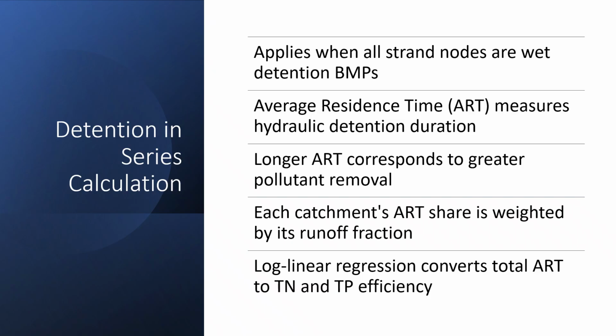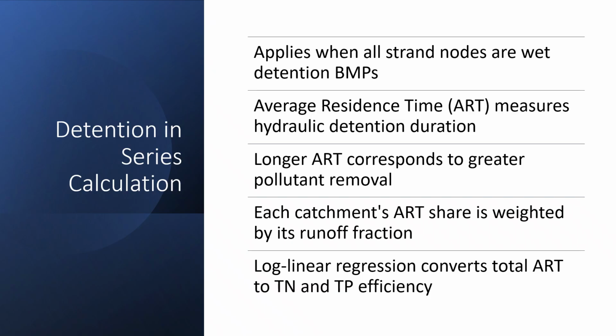For each catchment contributing runoff to the system, the software determines how much of each downstream basin's ART is attributable to that particular catchment's flow. It does this by weighting the basin's ART according to the catchment's share of cumulative runoff passing through that basin. These weighted contributions are then summed across all downstream basins to produce a total ART value for that catchment.